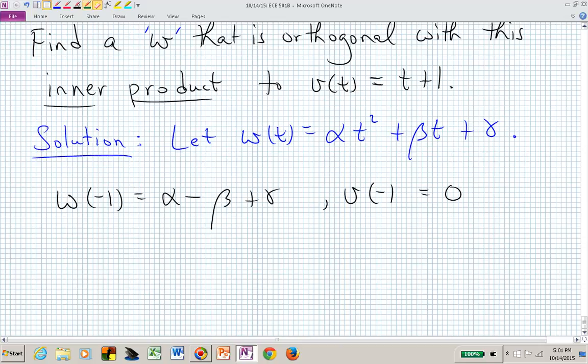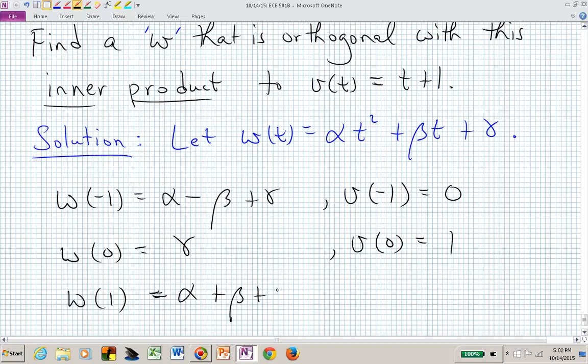Now we need V of 0, or W of 0. That's just gamma. And V of 0 is 1. W of 1 is now alpha plus beta plus gamma. And V of 1 is 2.